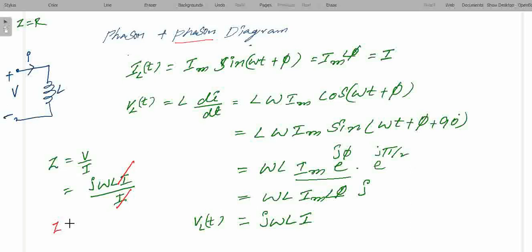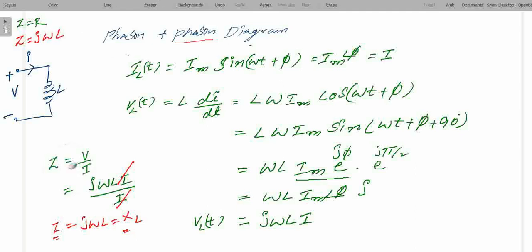Then what you will get? Z is equal to j omega L, which can be written as XL. So for a purely inductive network, the impedance is the inductive reactance, Z is equal to j omega L.